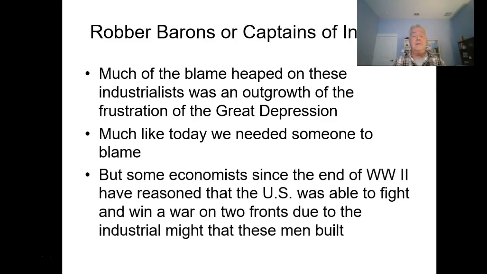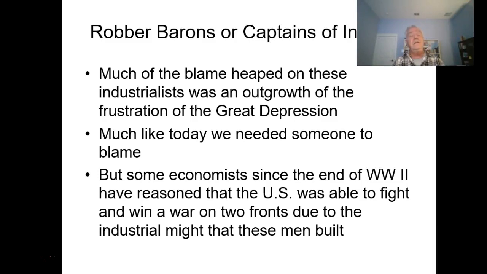However, some economists since the end of World War II have reasoned that the U.S. was able to fight a war on two fronts with the industrial might that we had was really attributed to what these gentlemen did during their time in power. Interesting thought.